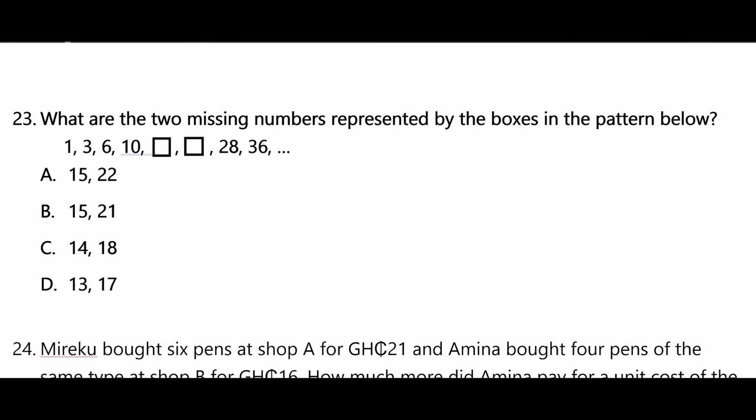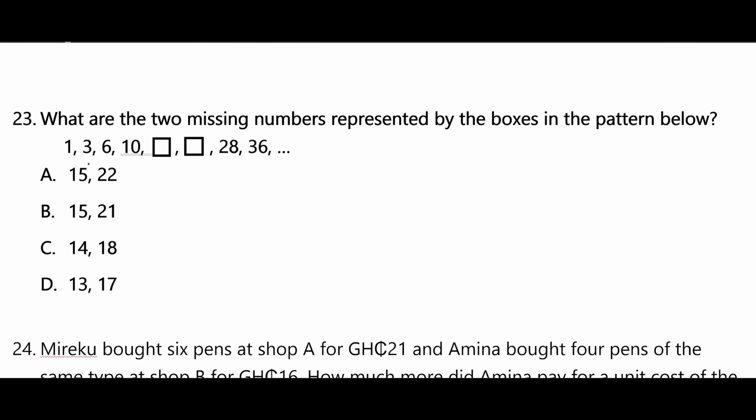Question 23. What are the two missing numbers represented by the boxes in the pattern below? We have some pattern of numbers, and in this pattern we have two missing numbers, and that is what we are looking for. First of all, we need to study the pattern and see how the numbers are being generated.